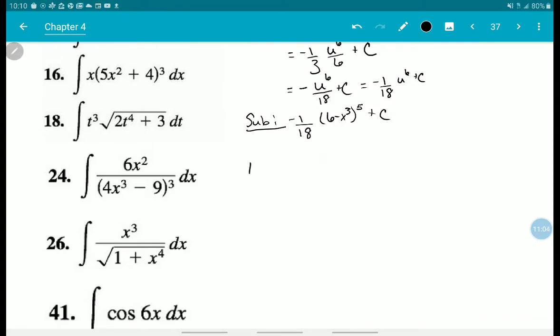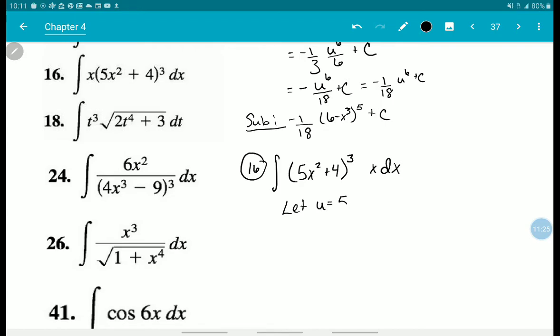Let's look at 16. And we're going to do a rewrite on that one too. So we have 5x squared plus 4 cubed. And I'm going to put the x dx out here. So think about what you would let u be.